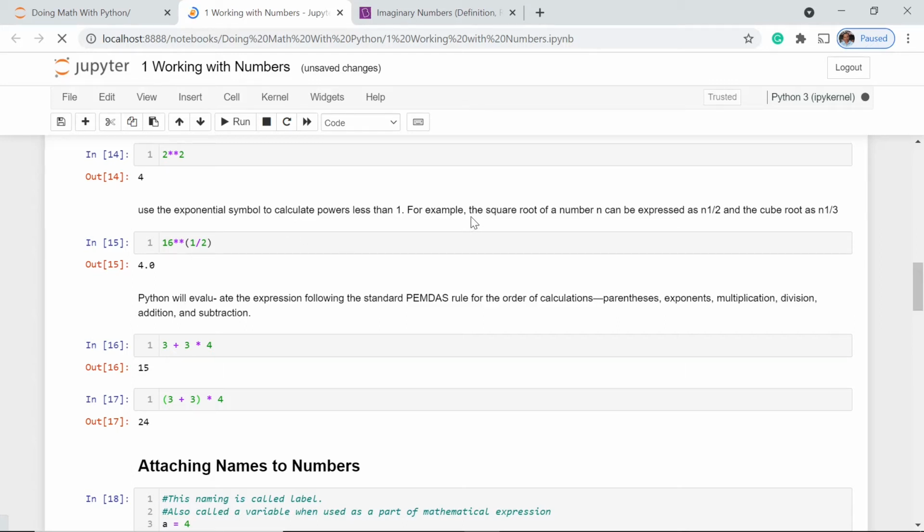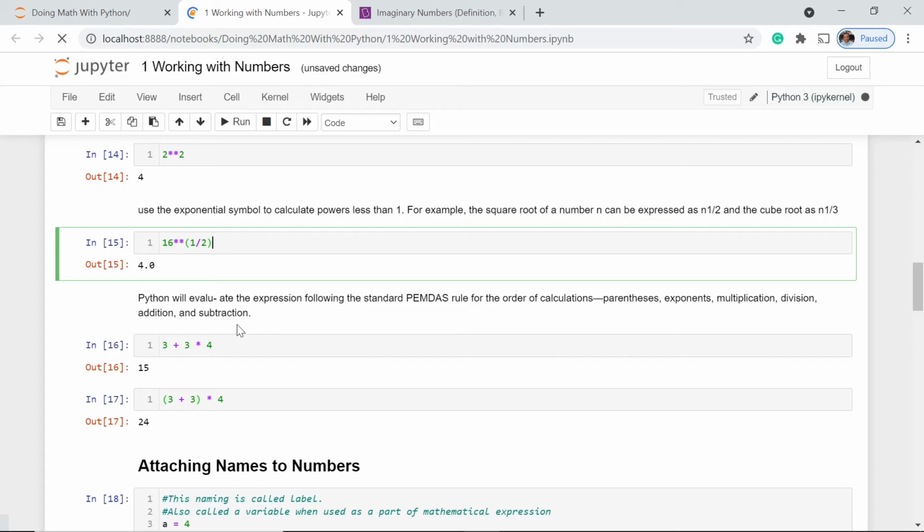For example, the square root of a number n can be expressed as n to the power of 1/2, and the cube root as n to the power of 1/3. So 16 with these two asterisks and 1/2 will give us 4, which means the square root of 16.